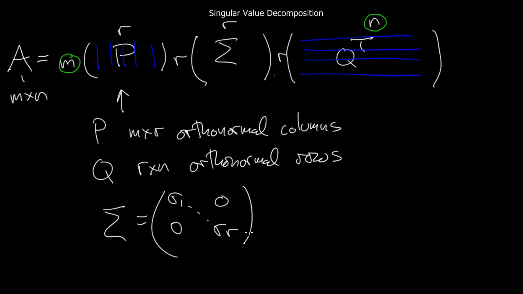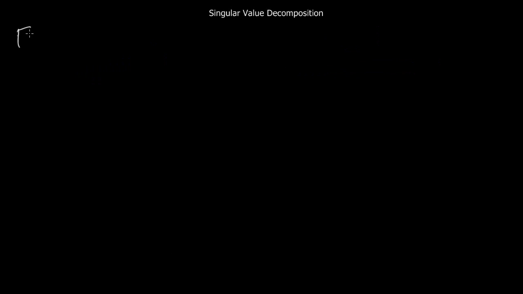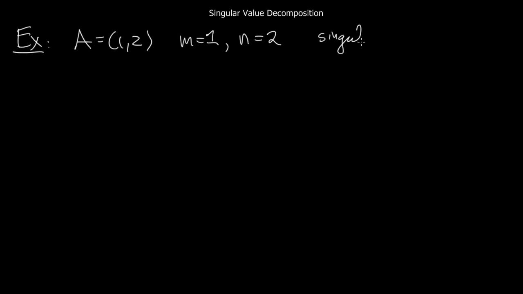So let's do our little 1 by 2 matrix from earlier. M is equal to 1, N is equal to 2. And I saw that this fellow has one singular value, which is the square root of 5. So R is equal to 1.